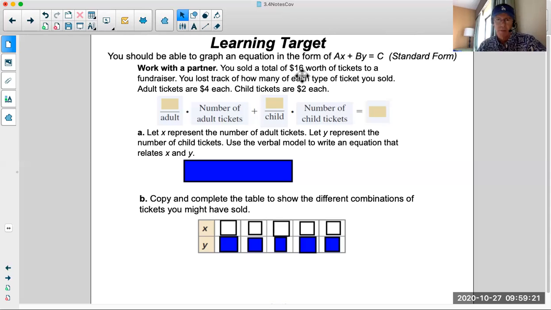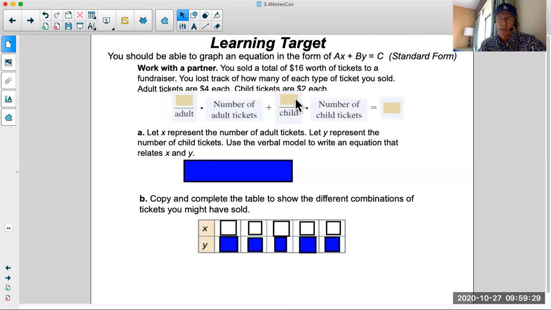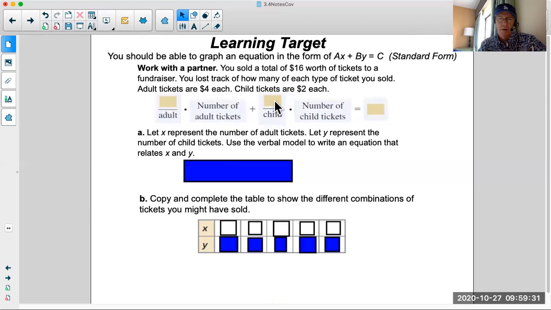Yeah, $16, right? Okay. So let's let x represent the number of adult tickets, and let's let y represent the number of child tickets, okay?